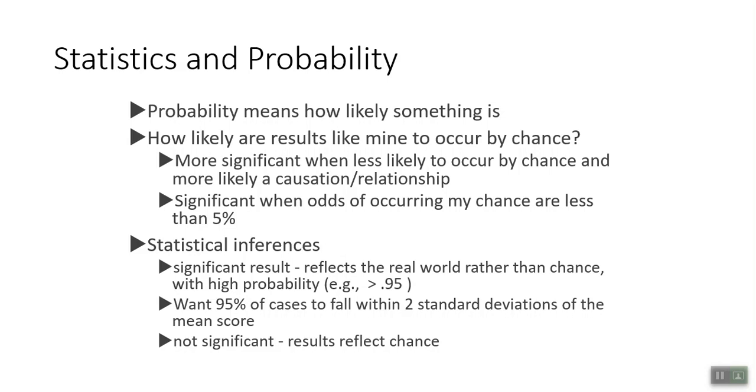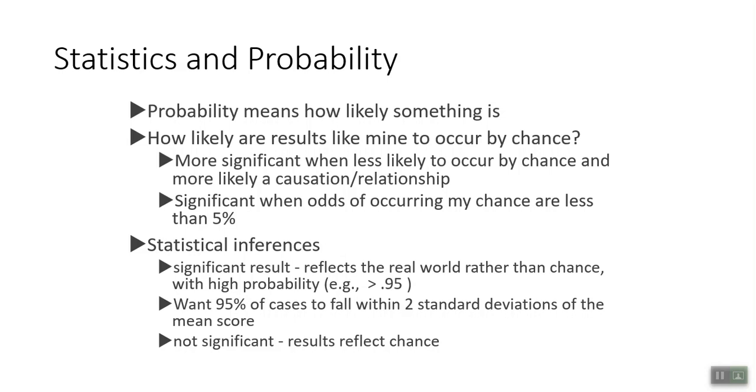How low? We like to see it be less than 5% due to chance. Okay, so we want to know that if we repeat this again, we're 95% sure or higher that we're going to get the same results because it's not due to chance. So probability, P, if our data is statistically significant, probability due to chance should be less than 5%.